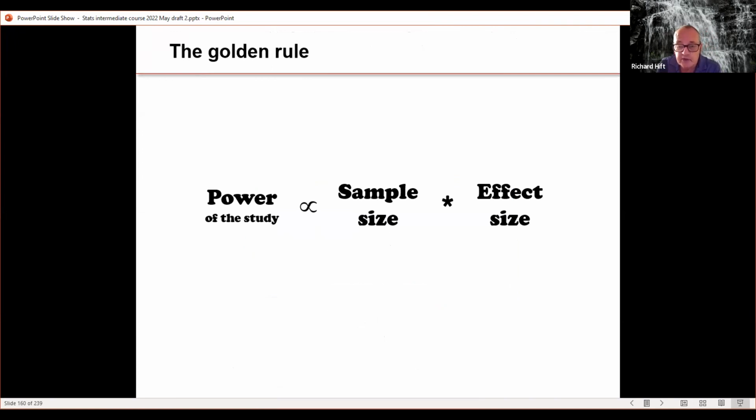Now, this is why I call it our direct analogy. For practical purposes, calculating anything to do with power and sample size requires us to understand that there are once again 3 components. 2 of them everybody's heard of: the power of the study, the sample size, but the effect size seems to be greatly overlooked and ignored and not well understood.